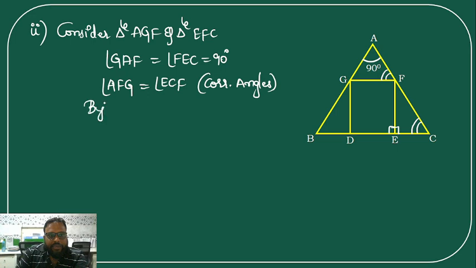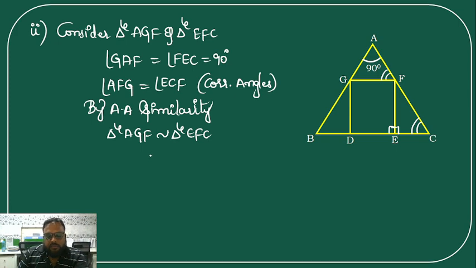Again, by AA similarity, here also I can write triangle AGF similar to triangle EFC. This is what we had to prove.